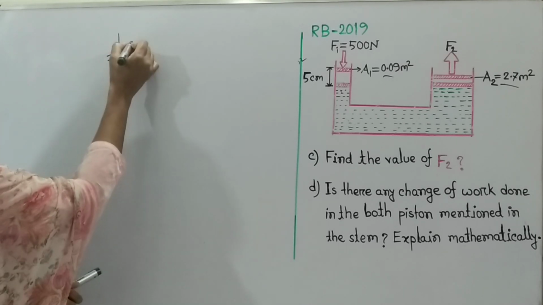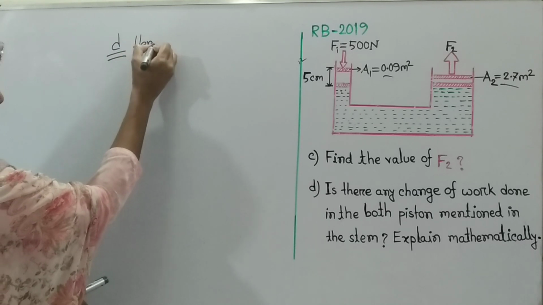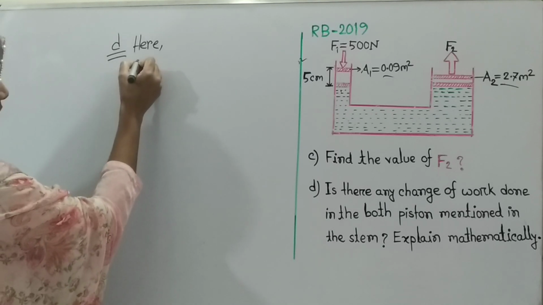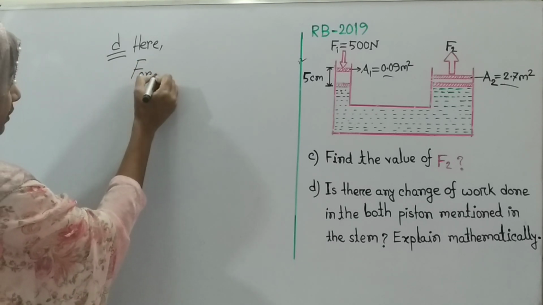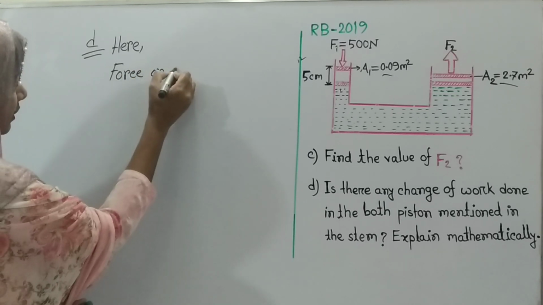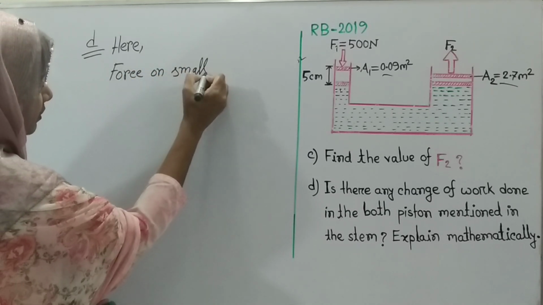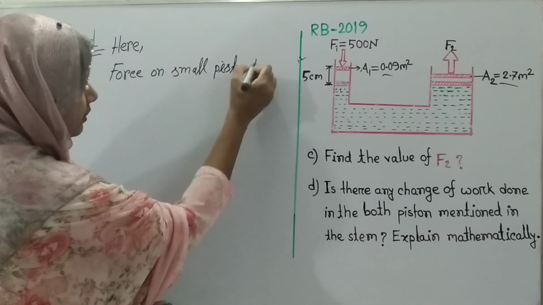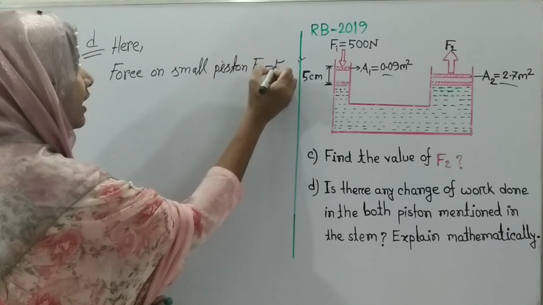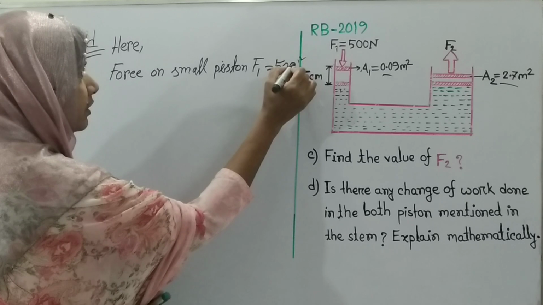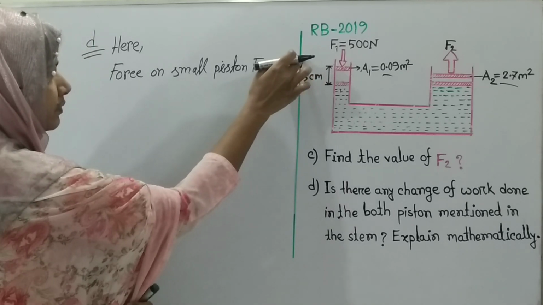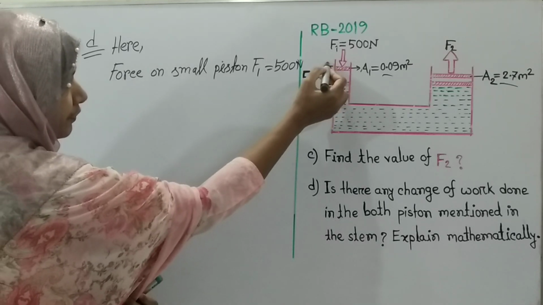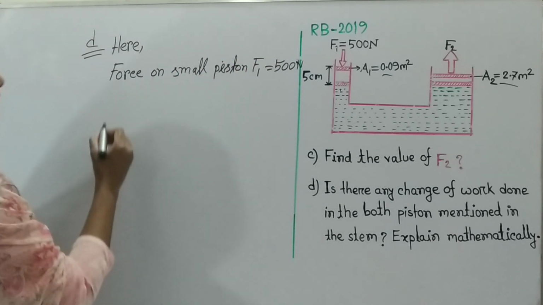So here the given informations are: force on a small piston F1 equals 500 Newton. Now the displacement of small piston is given here, 5 centimeter.